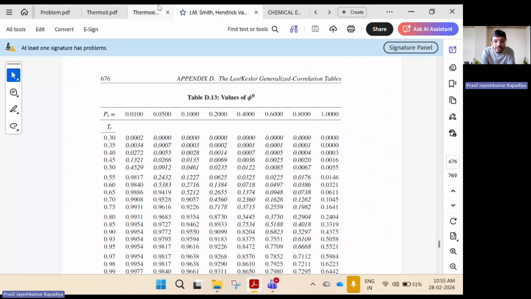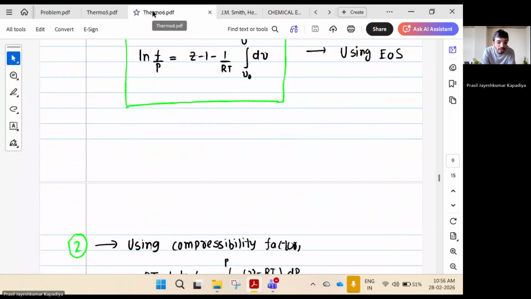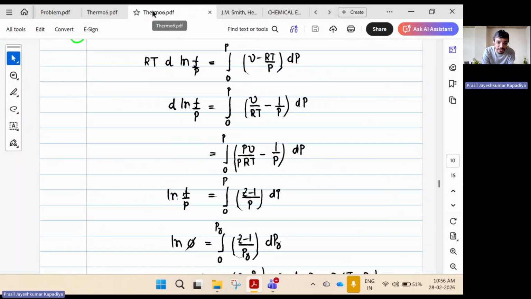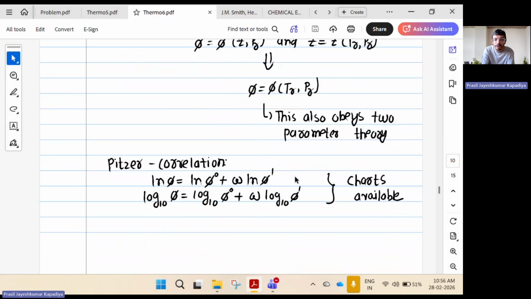Then further we had a look at the compressibility factor method, where we need the values of phi 0 and phi prime, and I showed you the Lee-Kesler charts. From those charts, these phi values can be obtained directly for the component of interest.